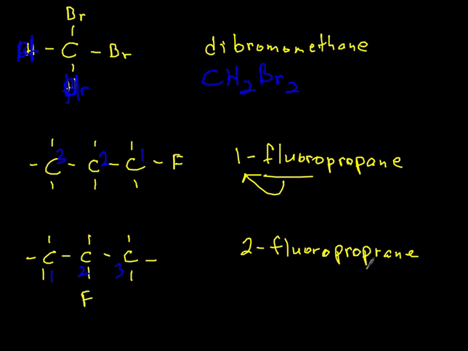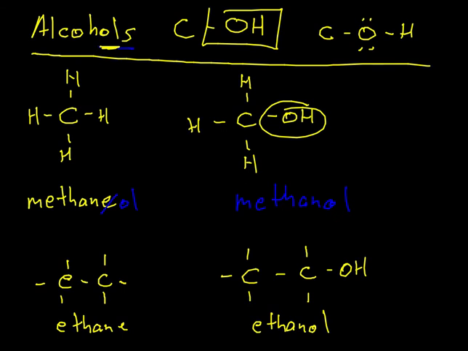If we did this 2-fluoropropane, here we've got a CH3, and then we have a C with an H, and then an F on that. So CHF, and then another CH3. That's not vastly different. Alcohols, not a whole lot different. On this ethanol, this would be a CH3, and then a CH2 plus an OH. So there's our alcohol group.